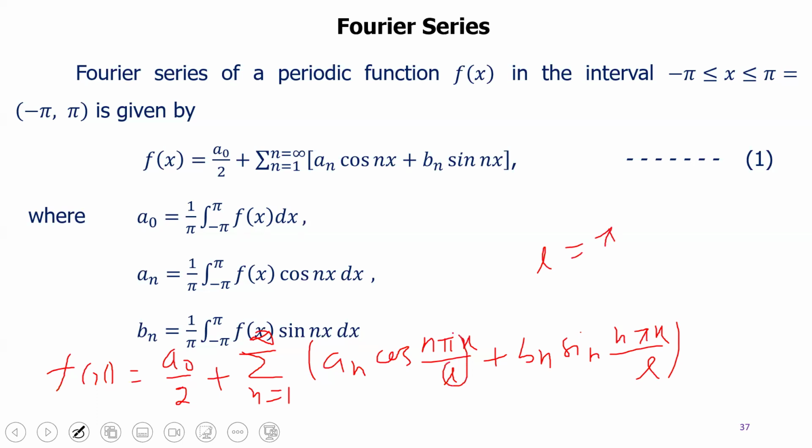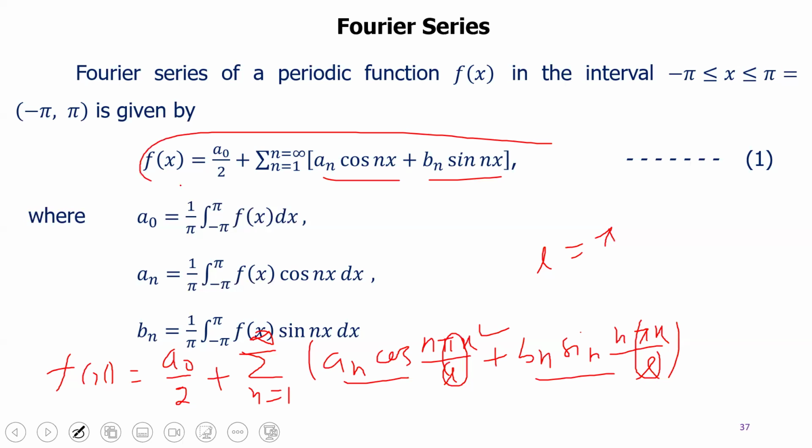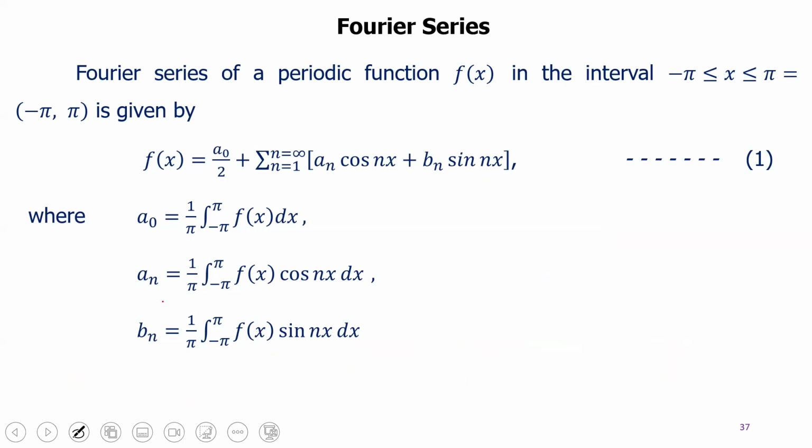This pi will cancel. So we are getting an cos nx plus bn sin nx. Therefore, if you put L equal to pi, then the Fourier series is changed like this. And their values for a0, an, and bn are also changed.